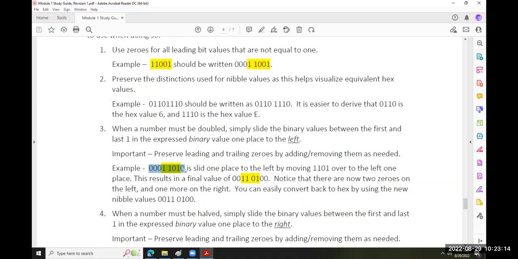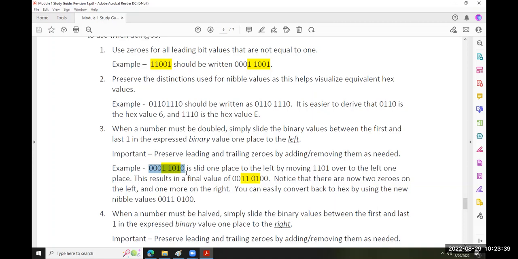When you slide to the right, if you have a non-zero number and you slide it, now you have 0, 0, 0, 0, 1, 1, 0, 1. As we take these 4 binary values and slide them one place to the right, I pick up an extra 0 here, and all 4 of these values are over there.